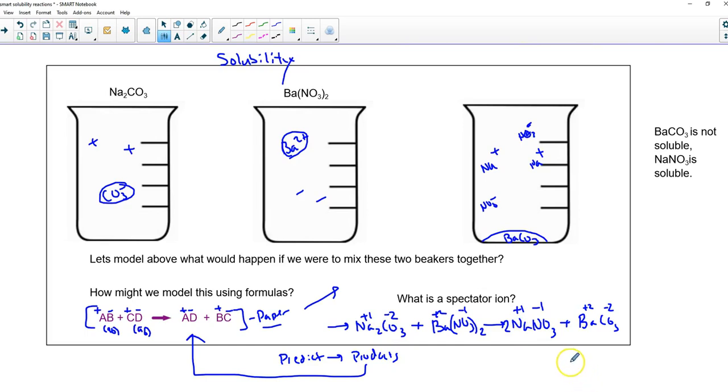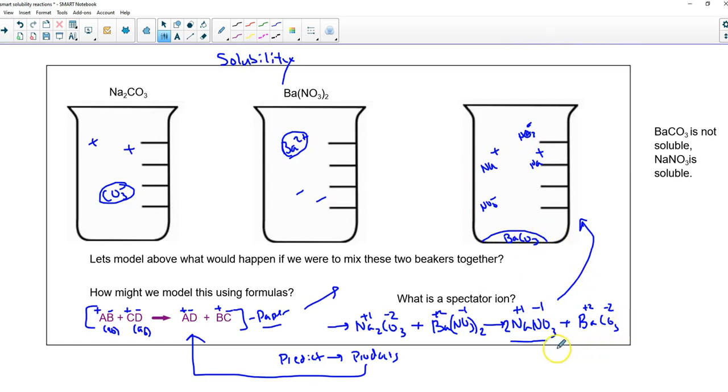Now keep in mind, even though we wrote this together, this is just a model, and not every model is perfect. So look at what it looks like in the beaker. Are the sodiums and the nitrates even together? No. If you evaporate out the water, they would come together. But in this case, if I filtered this, these would go through the filter, and this would get removed.